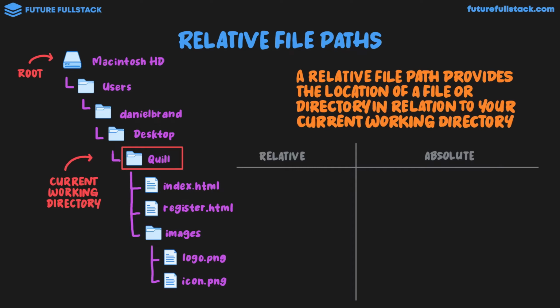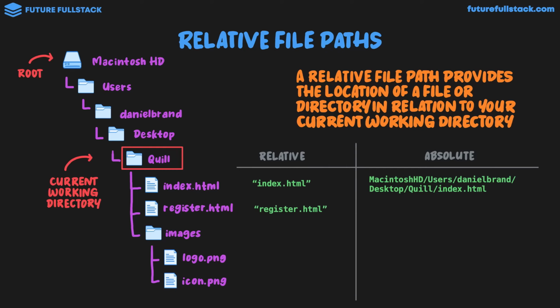Now, when referencing any files or folders directly inside the Quill working directory, we can just reference it like this, index.html. The equivalent absolute file path would look like this. Now for the register page, because it is directly inside the Quill folder, the relative file path can be referenced like this, register.html.